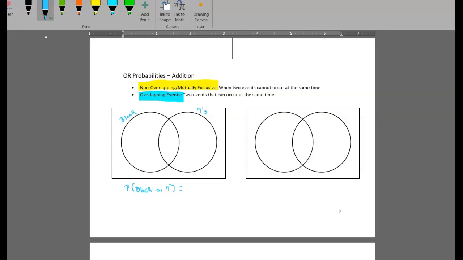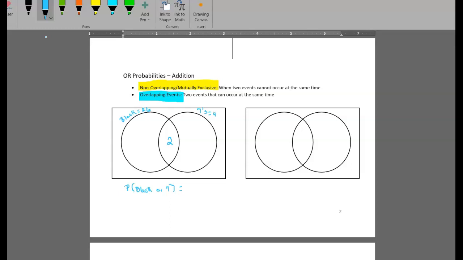And so we first remember working from the inside out. So how many black 7s do we have? There's 2 of those. And then there's a total of 52 cards. Half of them are black, half of them are red.